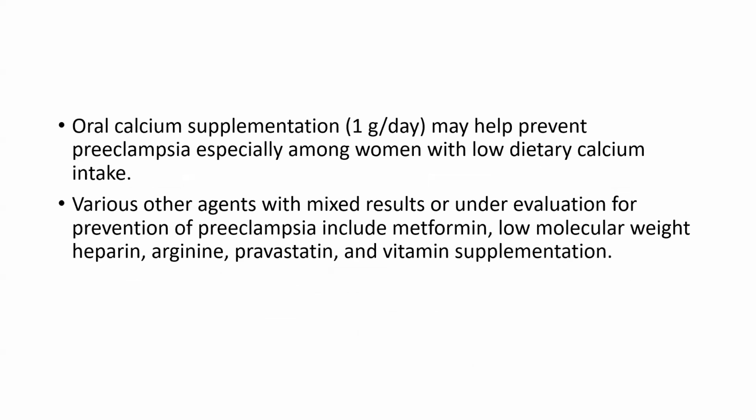Oral calcium supplementation, that is 1 gram per day, may help to prevent preeclampsia, especially among females with low dietary calcium intake. Various other agents with mixed results or under evaluation for prevention of preeclampsia include metformin, low molecular weight heparin, arginine, pravastatin, and vitamin supplementation.